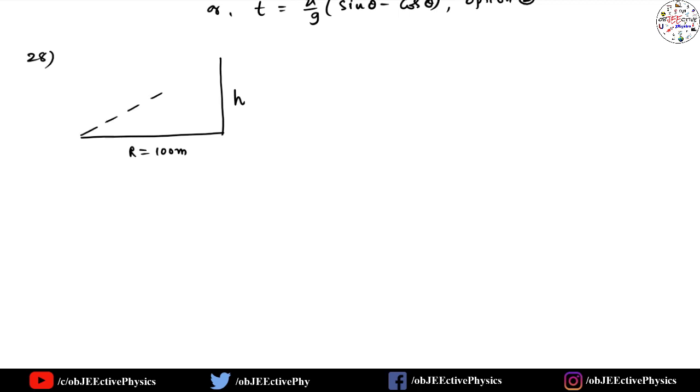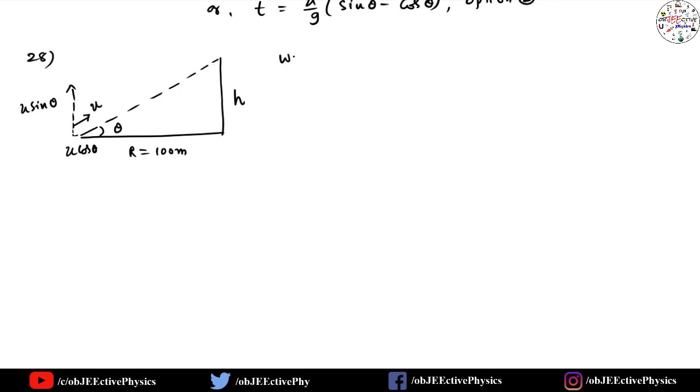Now, the gun is aimed at an angle theta, and the velocity of the bullet is assumed as u. So, u can be resolved into components here: u cos theta horizontal component and u sin theta vertical component.